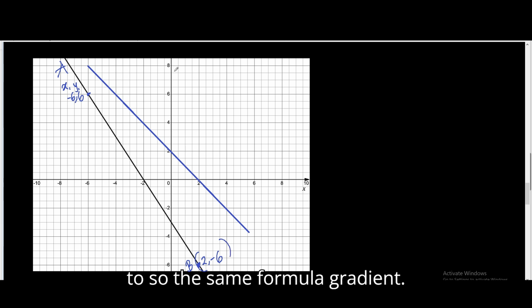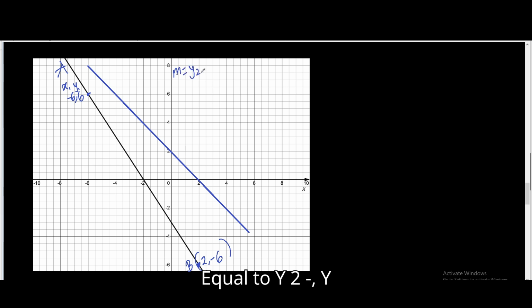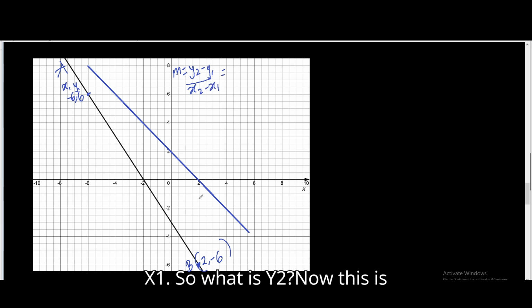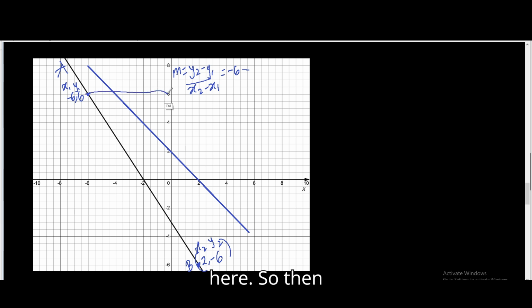So the same formula, gradient equals y2 minus y1 over x2 minus x1. So what is y2? This is y2. This is x2. Y2 is negative 6, so negative 6 minus y1. Y1 is 6 here. Then over x2 is 2, so 2 minus x1, which is negative 6, minus minus 6.